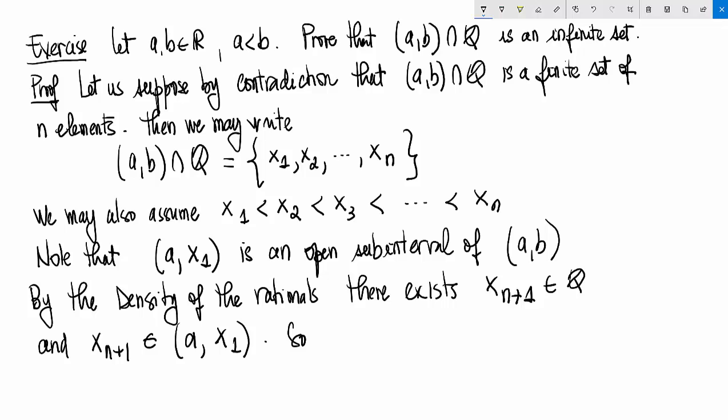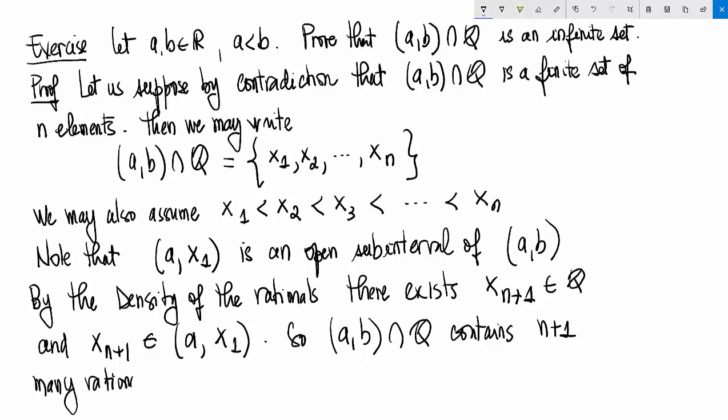So A, B intersect Q now contains n plus 1 many rational numbers, and this is in contradiction to our assumption.